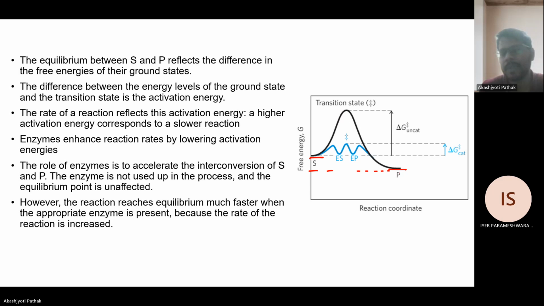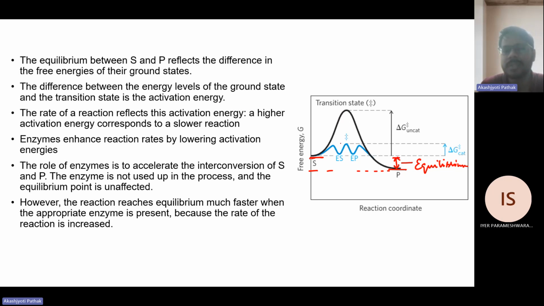The difference in free energy between the substrate and the product is called the equilibrium. So the equilibrium between S and P reflects the difference in free energies of the ground state. The difference between the energy levels of the ground state and the transition state is the activation energy.